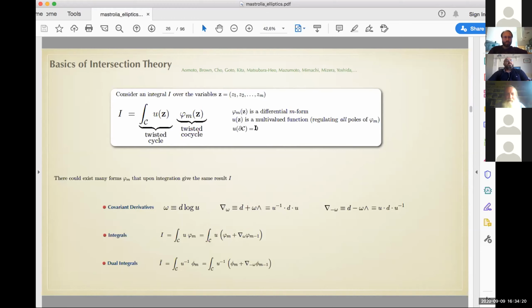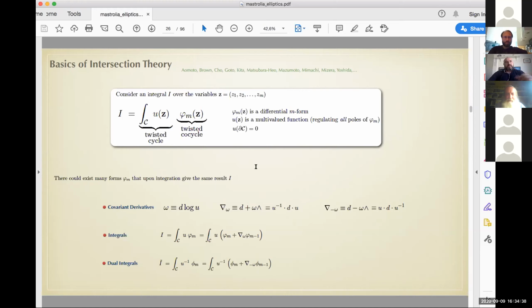So in this space, one exploits two properties of the integral, in particular the invariance of the integral under two possible transforms. One is the transform of the integrand, and one is the transform of the integration domain.